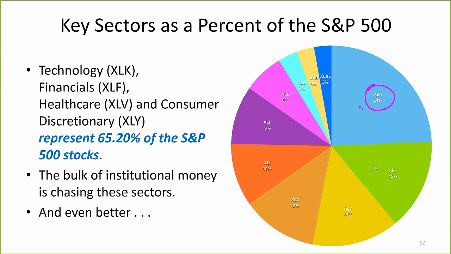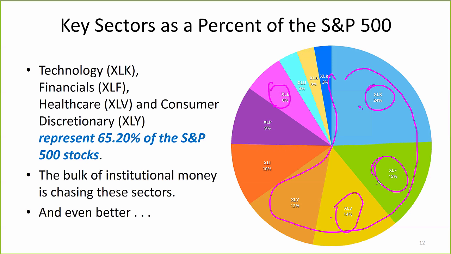Financials are 15%, okay, et cetera, et cetera. And so if you look at this, these 4 sectors right here, healthcare, consumer, financials, and tech, represent 65% of the S&P 500. Guess where the institutions are focusing on, because they have no choice, all right? So the bulk of institutional money chases those sectors simply because that's where the liquidity is.